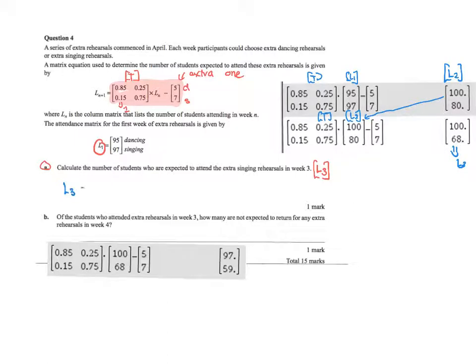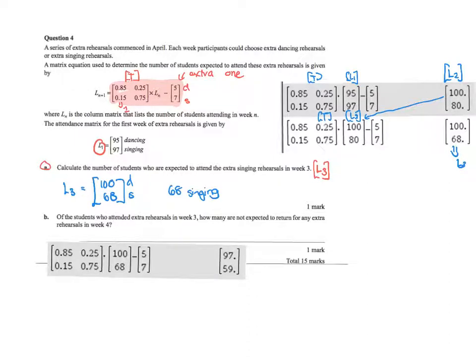So I found L3 to be 168, and that's dancing and that's singing. So if I'm answering the question, how many are doing extra singing? 68, yeah? Okay, of the students who attended rehearsals in week 3. So be careful when they say that.